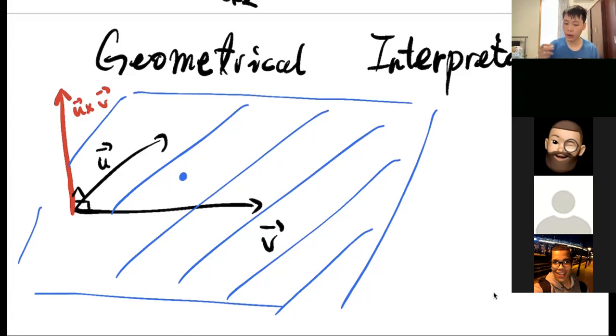So for example, I look at the point here. The point can be taken as a small parallelogram formed by edges not by u and v exactly, but by a portion of u and a portion of v. So this is some portion of v, and this is some portion of u.